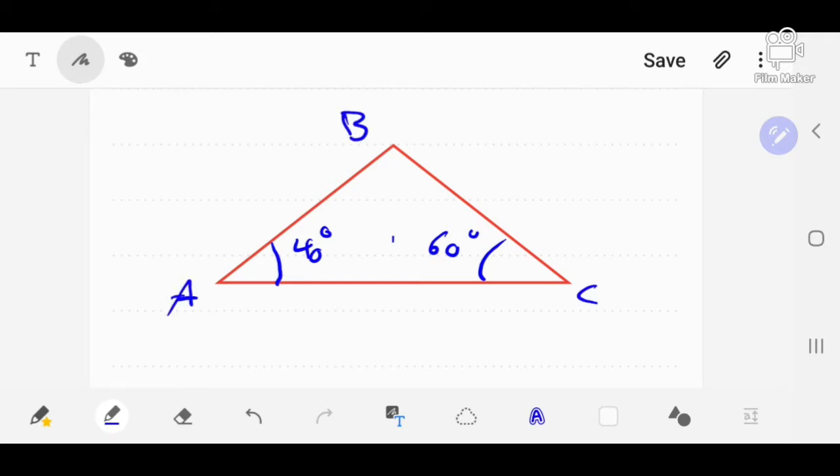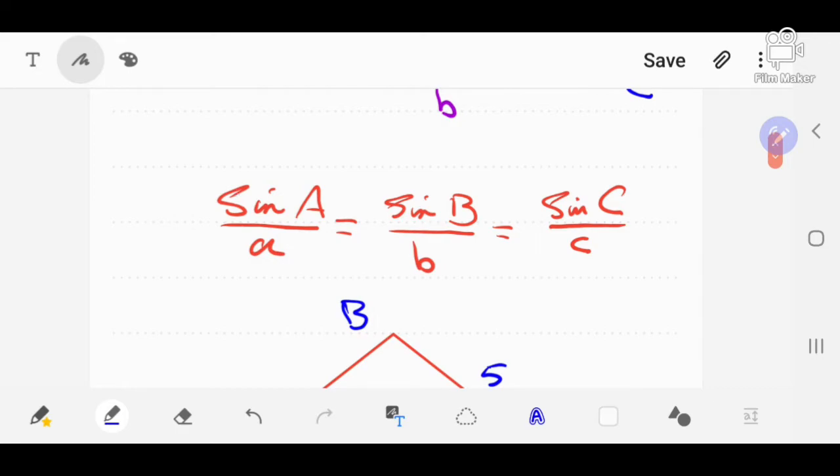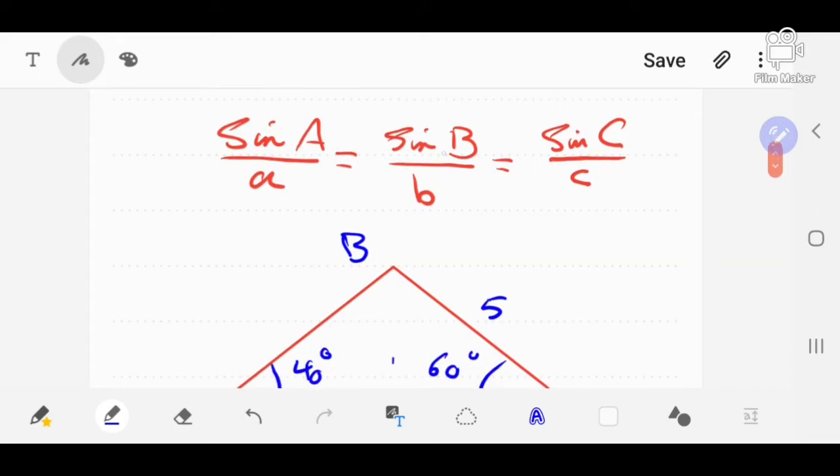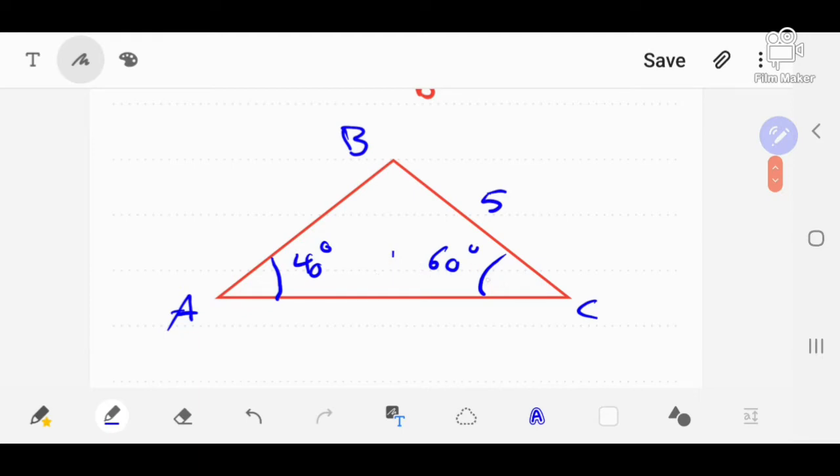If side a is given, for example 5, then I will have one of the ratios, sine 40 over 5. So one of the ratios is given to me. Look at the other ratios, sine B over b, sine C over c. In this case, we have C, and the missing side here is the opposite side of C.